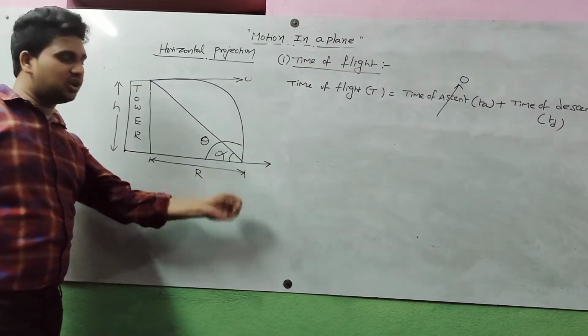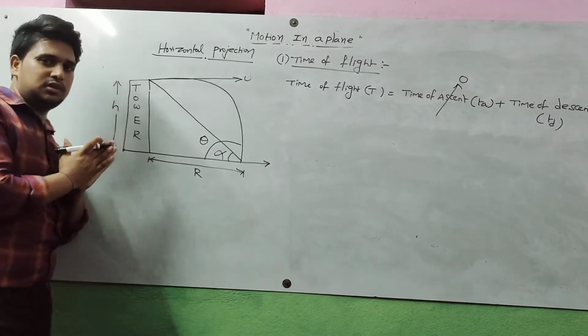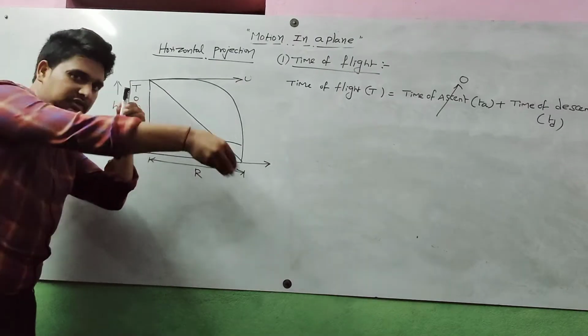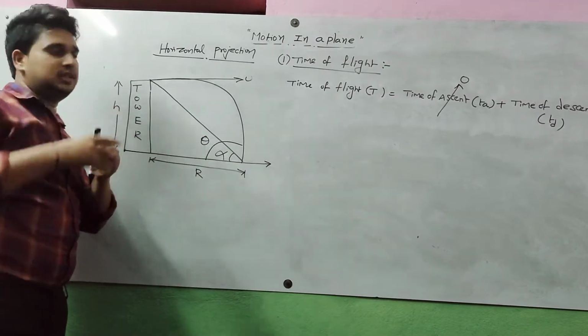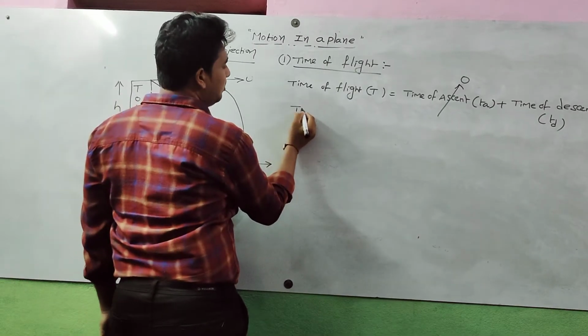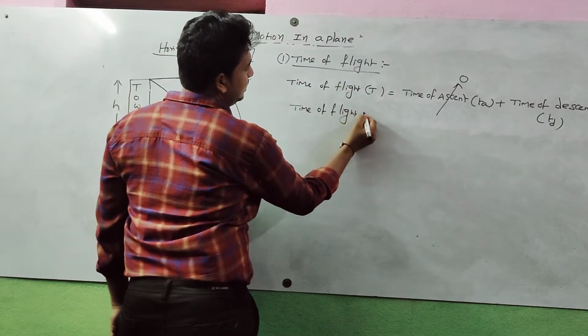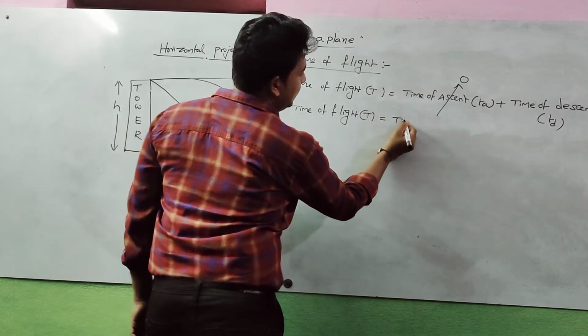The body is projected horizontally downward only. Observe carefully from this diagram. A body projected from the top of a tower means there is no upward projection. So that's why time of ascent is equal to 0 here. So from this, time of flight is equal to time of descent.